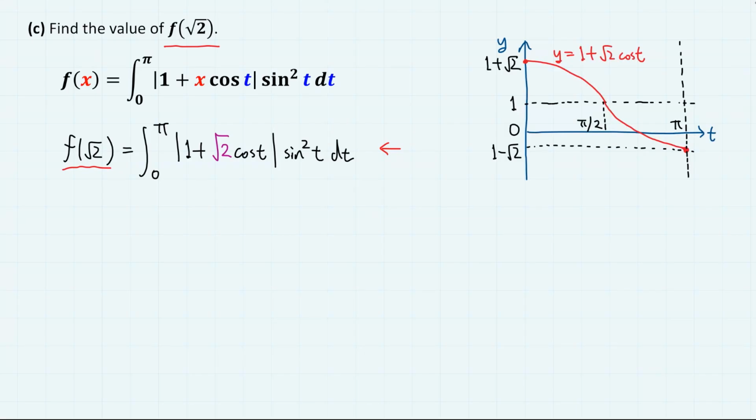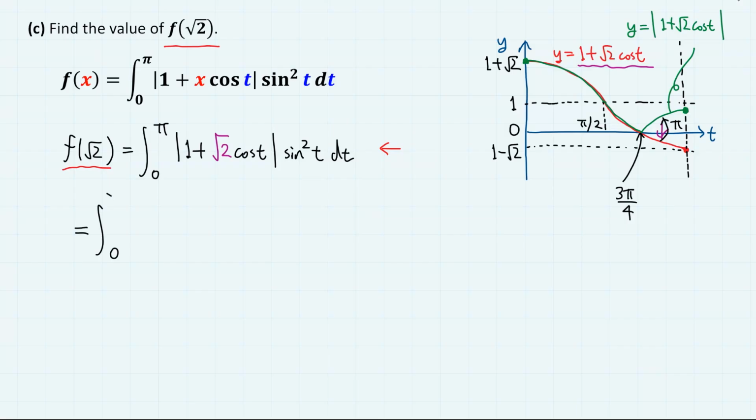And we have a problem with the absolute value part. That is, now 1 plus square root of 2 cosine t can have negative values in our interval of integration. And we have to flip the graph over the t-axis when taking absolute values. So where does the graph become 0? Well, at t equals 3 pi over 4, where cosine t becomes negative 1 over square root of 2.